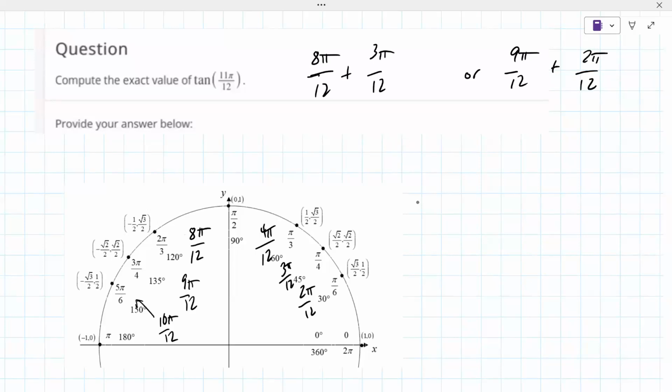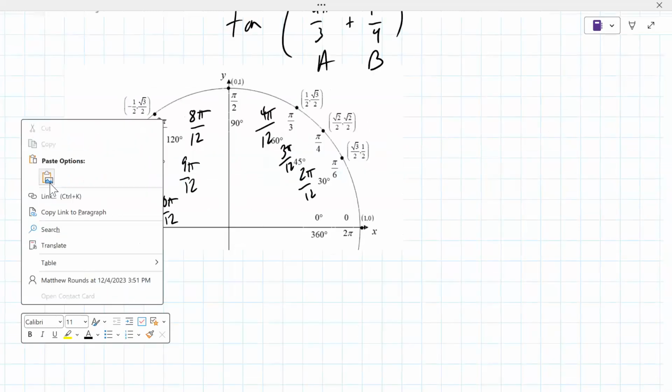Okay. We can do the 8 pi over 12. So that's 2 pi over 3 and pi over 4, and that's your A and your B. So you get the formula for it, and then you write out the formula with the numbers.